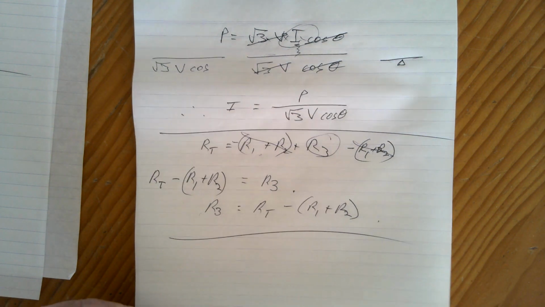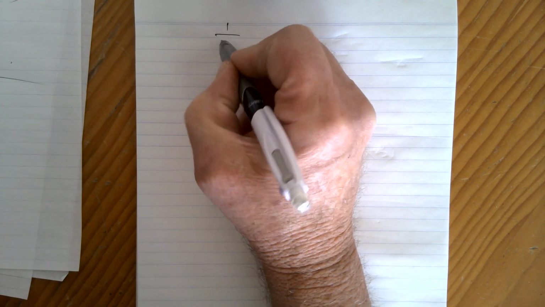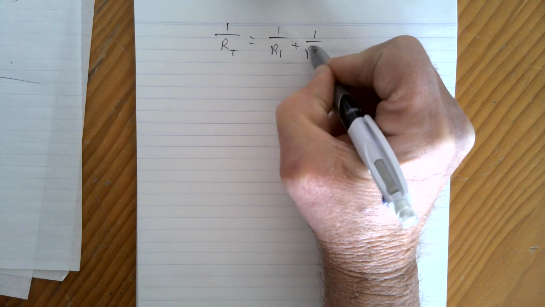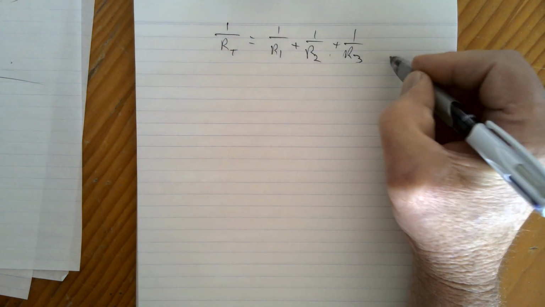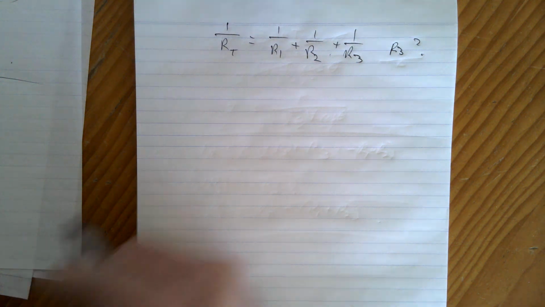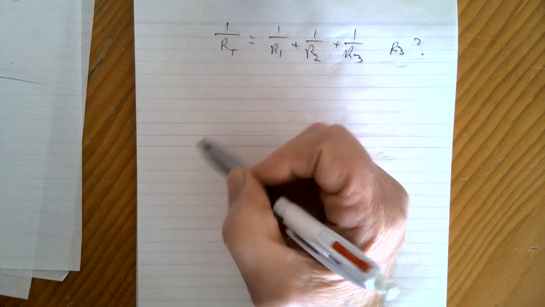It gets a little bit more tricky, I suppose, if you're doing the parallel resistance equation, 1 over RT equals 1 over R1 plus 1 over R2 plus 1 over R3. Again, if we wanted to find R3 as the subject of the equation, it's a similar process: balance the equation each time you change it.